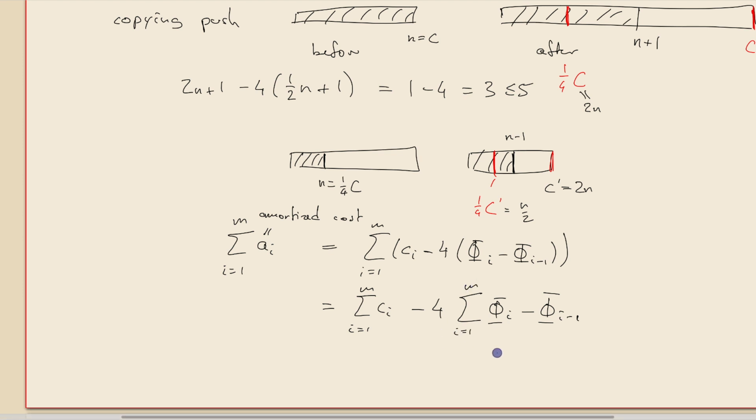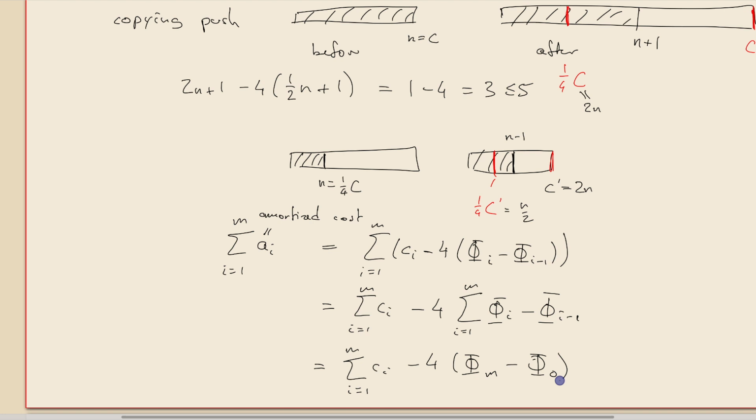And that completely goes away except for the first and last entries. So this is the total cost, the actual cost. And what's left of this is the potential at the very end minus the potential at the very beginning. Every other i appears both positive and negative, so it just cancels.